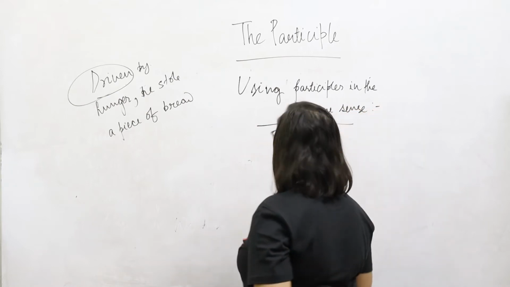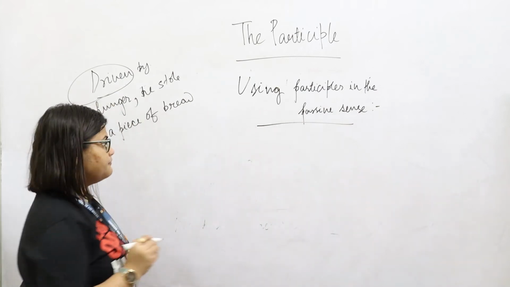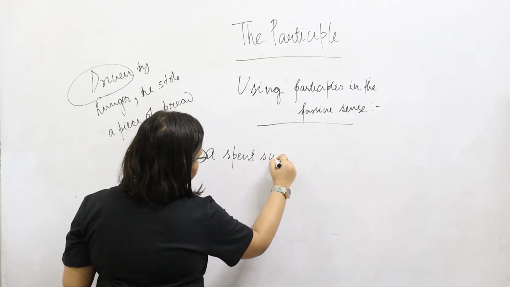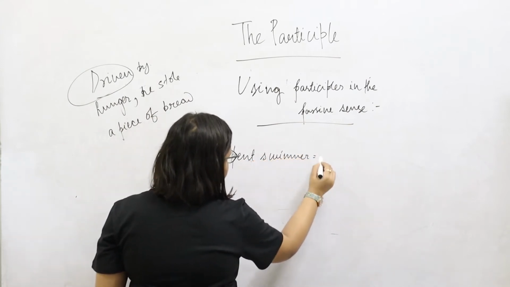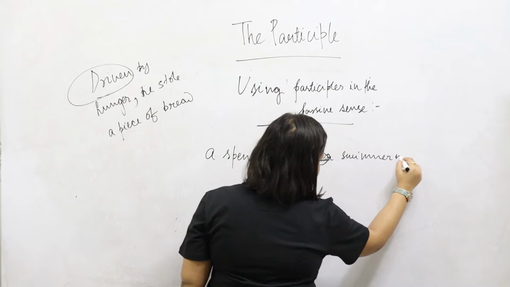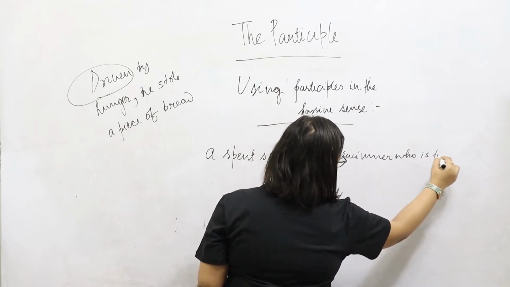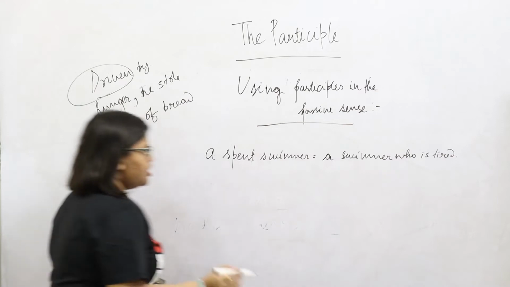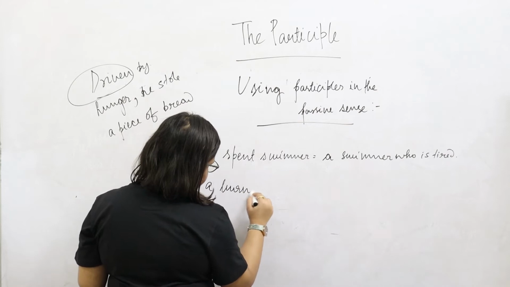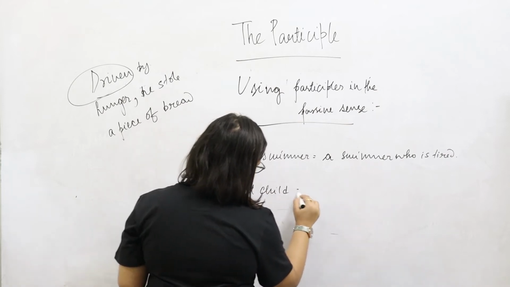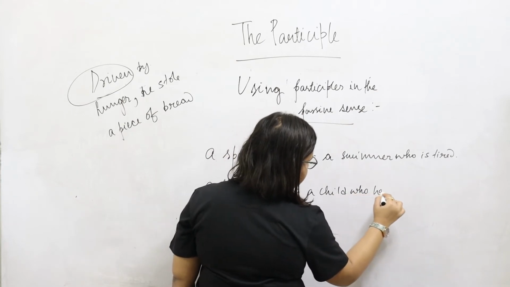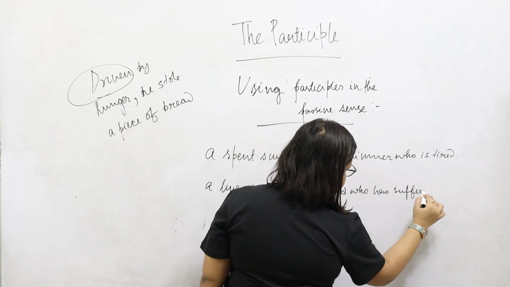So how are we using the participles in the passive sense? It would be a spent swimmer, which means a swimmer who is tired. Then we can say a burnt child, which means a child who has suffered from burns.